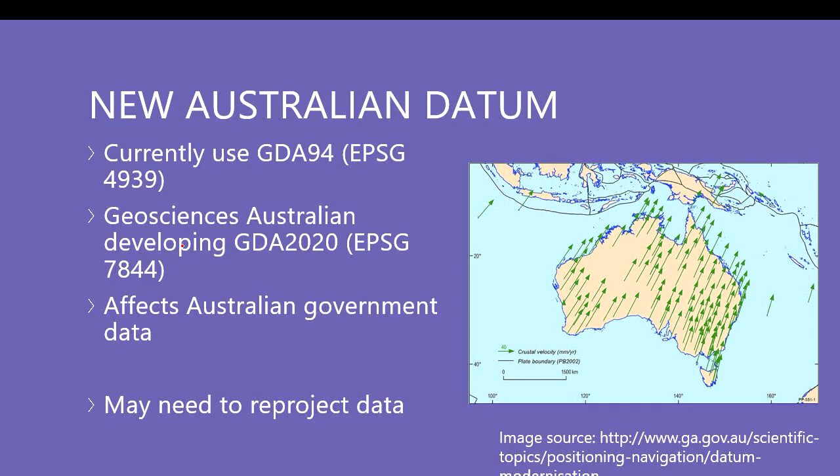Before we were using GDA94, tectonic plates have moved so much that Geoscience Australia, which is the agency that's responsible for a lot of, like the USGS, but for Australia, they're actually developing a new datum, GDA2020. So this will affect a lot of the data that's produced by government departments. But much like before, just read the metadata, and there are tools that will help automatically reproject stuff for you. So just something to keep in mind in the next few years.